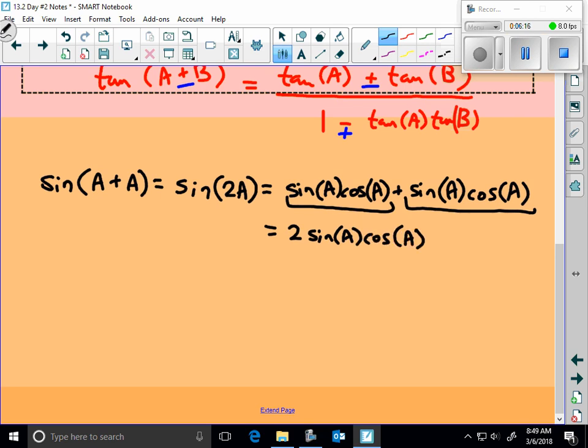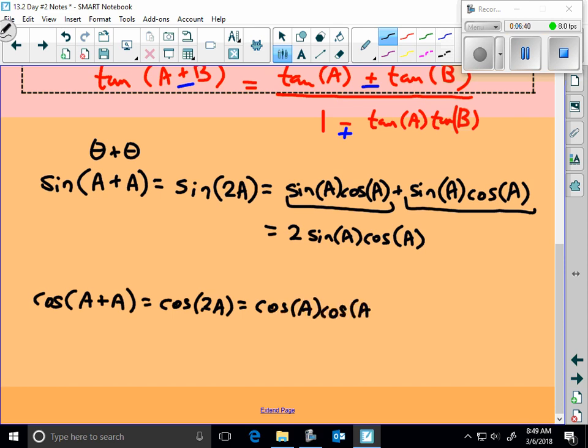If you have two of the same angle, if this is theta and theta, that's 2 theta if you're doubling an angle. What if this were cosine of 2A, or A plus A? Then we use the cosine formula. Let's rewrite it. Cosine of 2A is cosine of the first, cosine of the second, minus sine of the first, sine of the second.